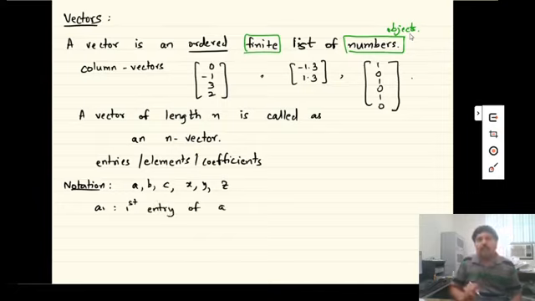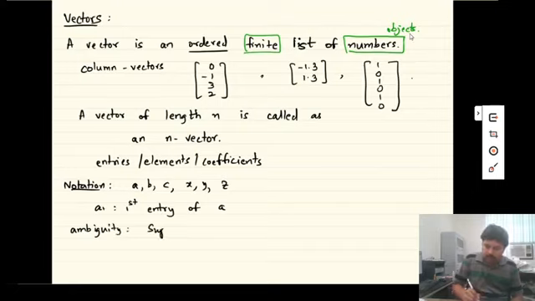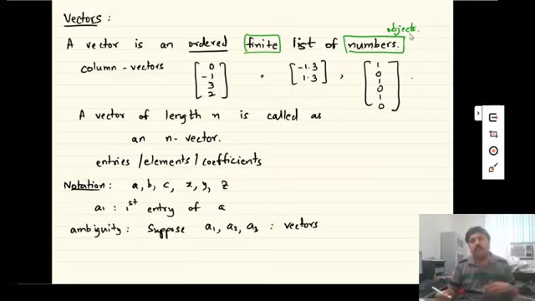Okay, but there is an ambiguity of notation in this particular case. What is the ambiguity? The ambiguity is that suppose I consider a1, a2, a3 to be vectors, then how do I represent the first entry of a1?